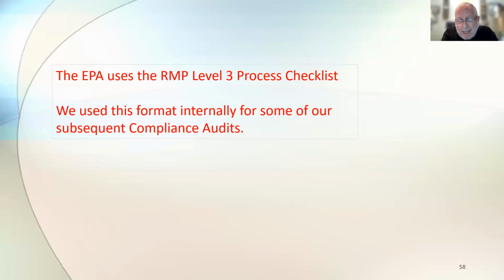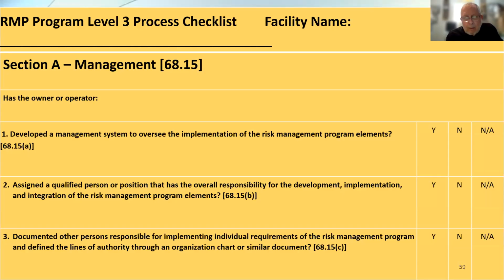Now the EPA, when they came in, they used the RMP level 3 process checklist, RMP being a risk management program. We use this format internally for some of our subsequent compliance audits. But remember the difference between OSHA and EPA: OSHA is responsible for what? The employees.